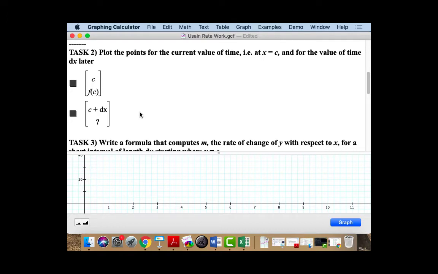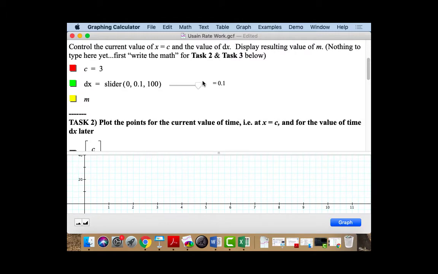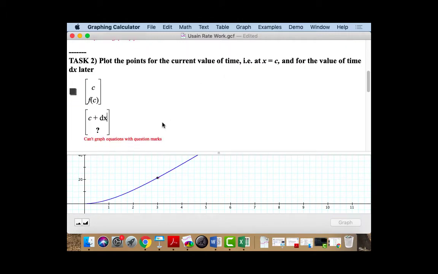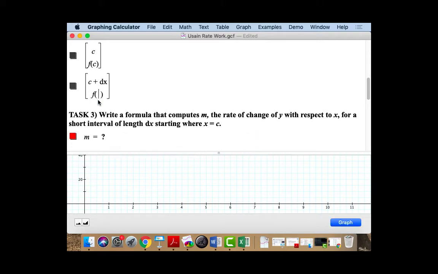Desmos knows what it is, not because it does in general, but because it says dx up here and it explains what it is. So what about the y value that goes with that? If it's supposed to be another point on this blue curve? Yeah, f of, right, f of c plus dx.